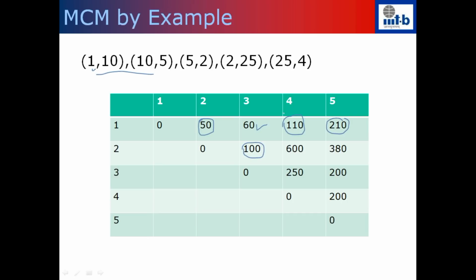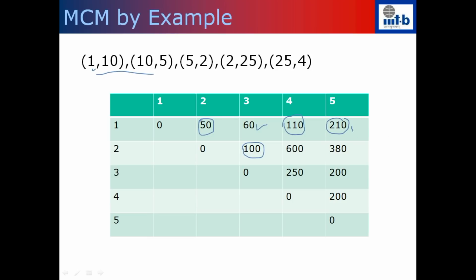Then if I have to multiply A5 to the right, the number of multiplications required will be 1 into 25 into 4, which is 100. So the total number of computations if you choose this option is 110 plus 100, which is 210. So that happens to be the minimum.